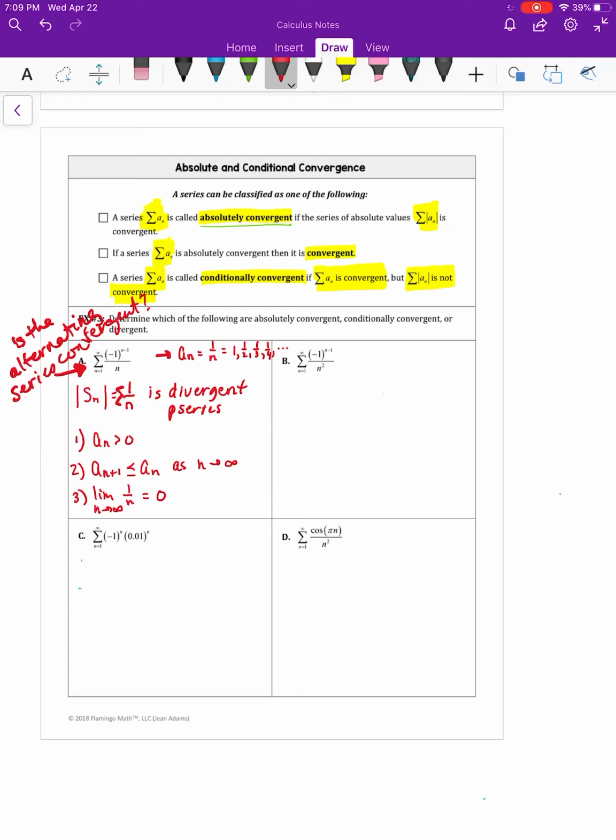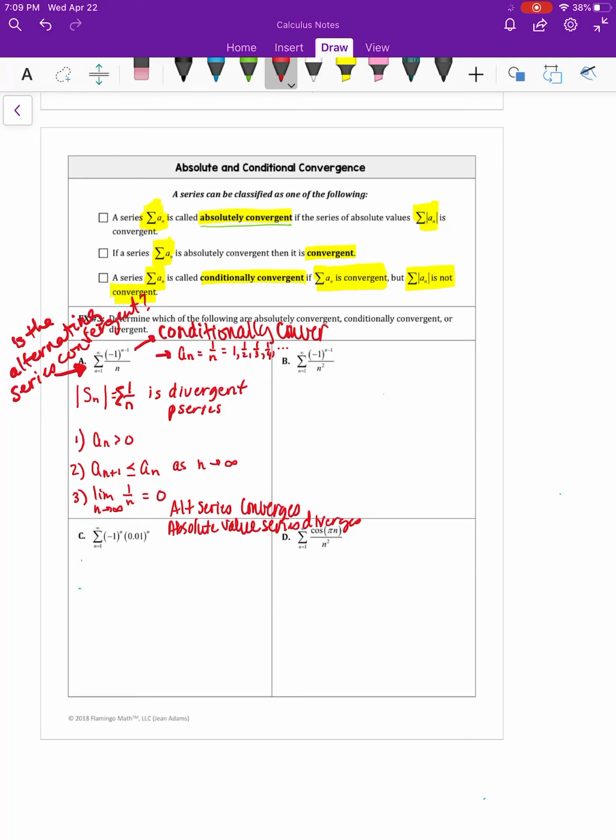Are all my a sub n's, which I listed right here, greater than 0? Yes. Are my a sub n plus 1's less than or equal to my a sub n's as n goes to infinity? Yes. Is the limit as n goes to infinity of 1 over n equal to 0? Yes.